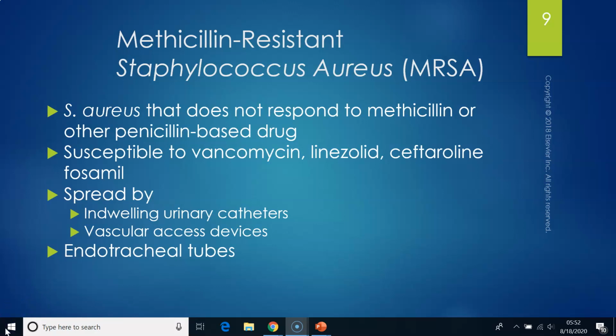Now, in the past 40 years, more Staph aureus infections are not responding to penicillins or methicillin. When I was a kid, if you were sick even a little bit, you got penicillin, and because of that, people have become more resistant, and those microorganisms have become resistant to the penicillin-based drugs.